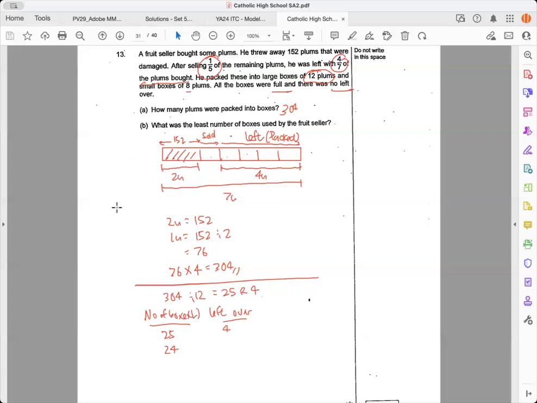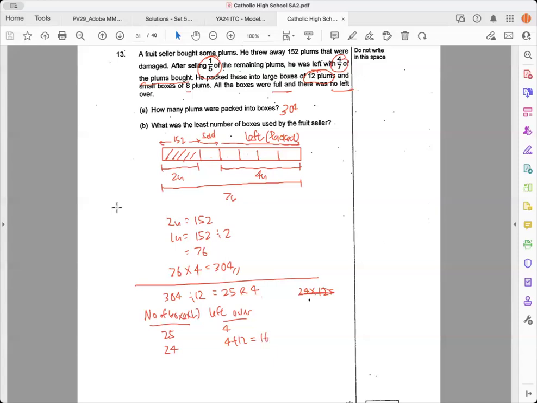Then how many leftover? Very easy, you just calculate 24 multiply by 12. Actually, the other way around is you just move one large box, just move over plus 12. You get 16 leftover.